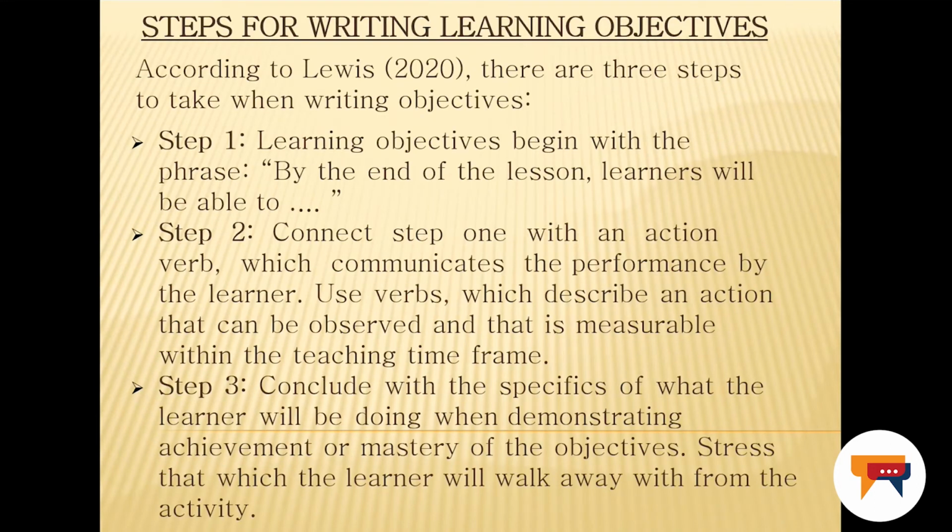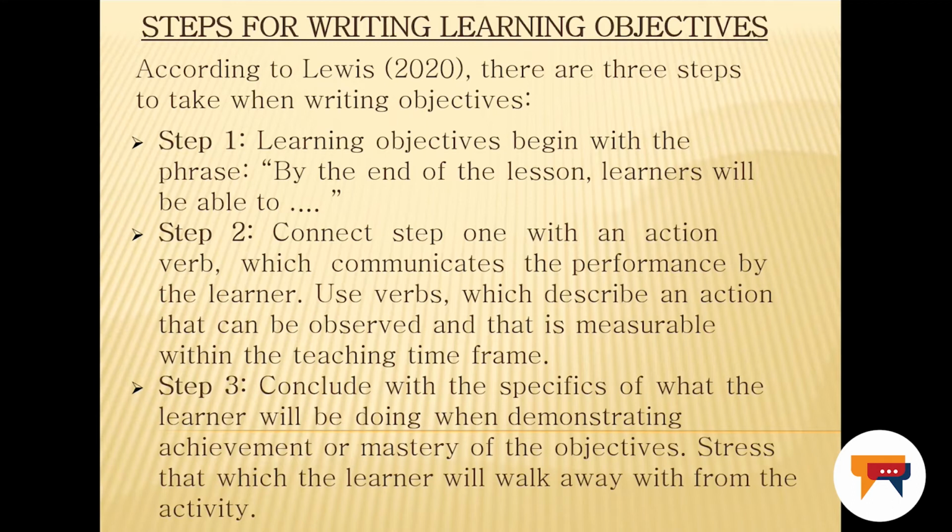Steps for writing learning objectives. According to Lewis, there are 3 steps to take when writing objectives. Step 1, learning objectives begin with a phrase: By the end of the lesson, learners will be able to. Step 2, connect step 1 with an action verb, which communicates the performance by the learner.